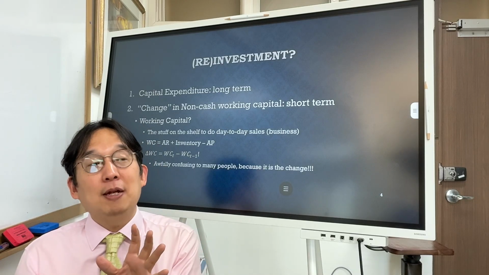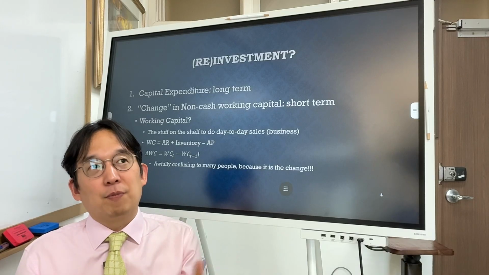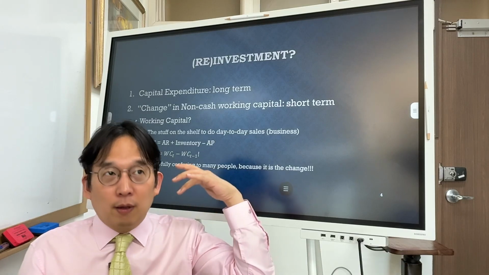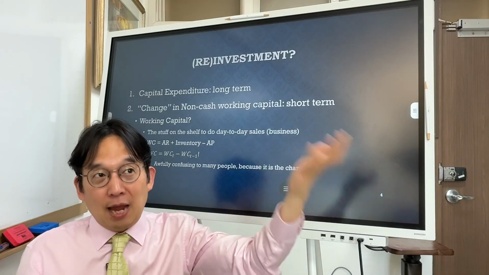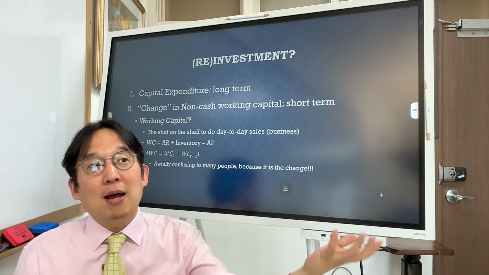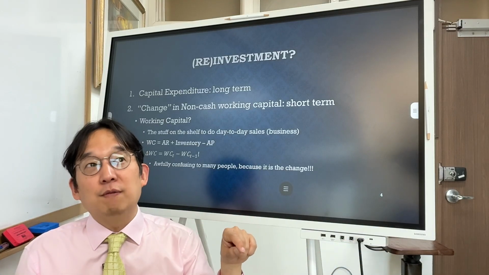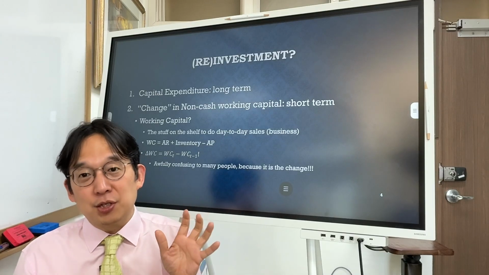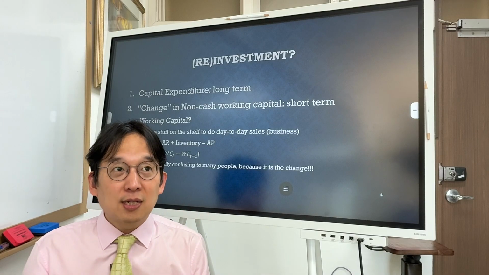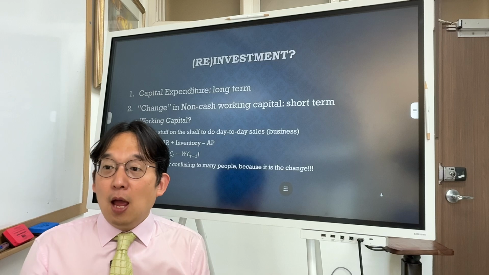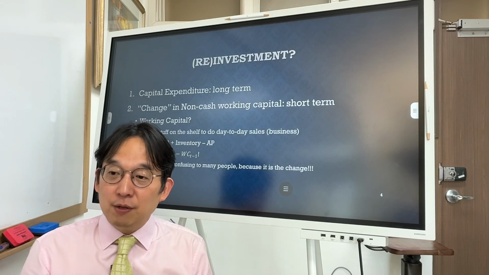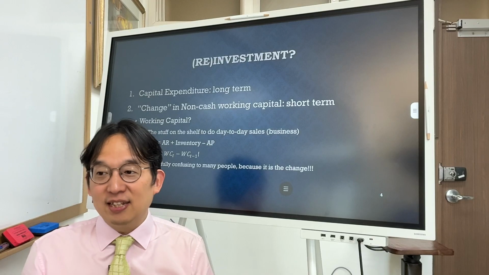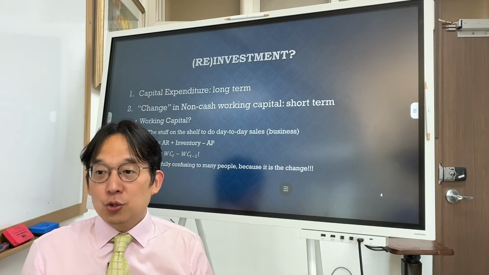So capex should be the net amount of your down and out capital expenditure and acquisition amounts that you spend minus the cash received from your divestitures, right? So that's capex. And then the second item about reinvestment is the change in non-cash working capital, short term.